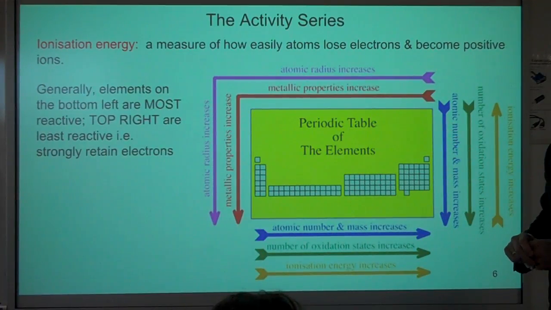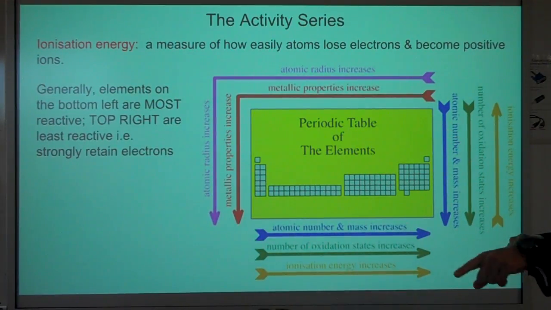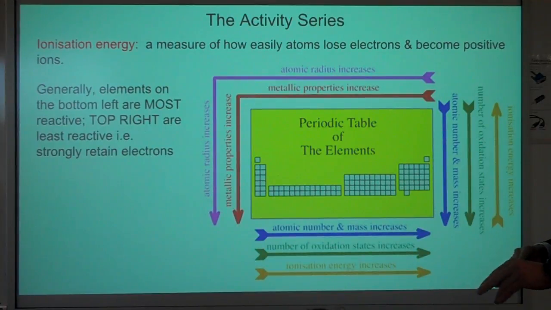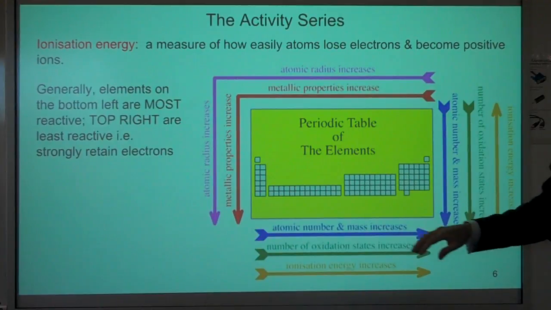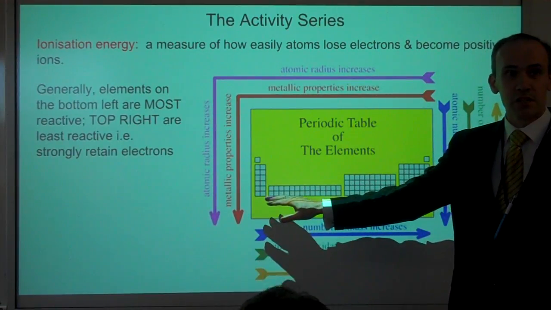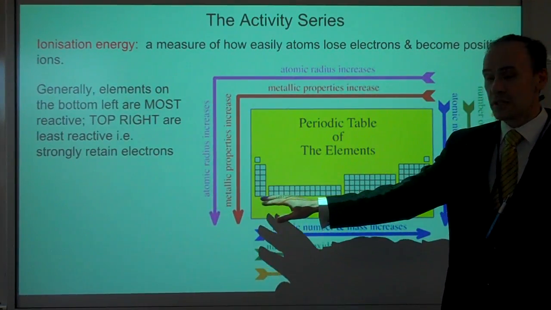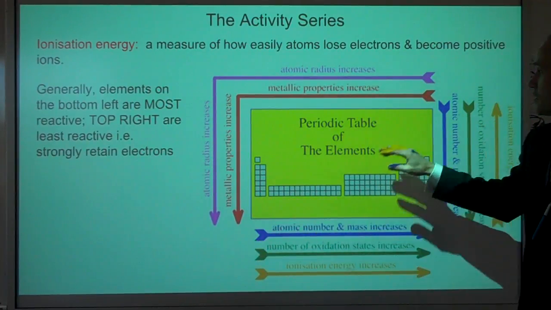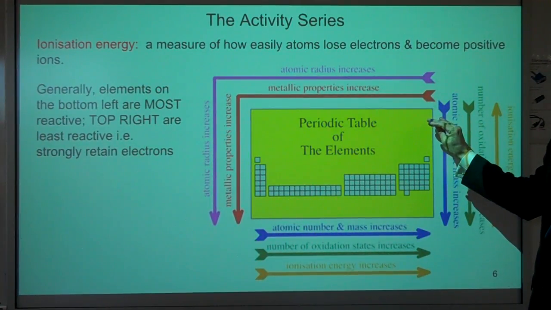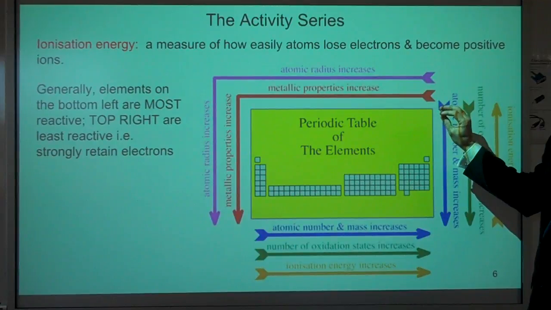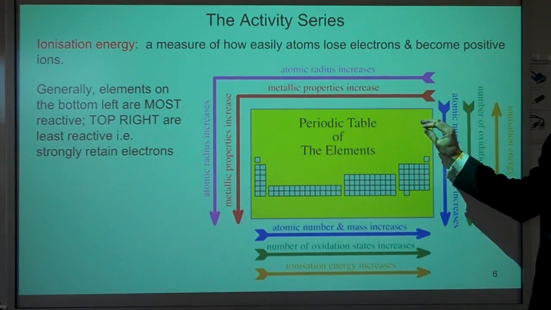Write that down and put a note to yourself that I'm going to put this information on my periodic table. Bottom left is low ionisation energy. Not much energy needed to steal electrons. Top right, high ionisation energy. Lots of energy needed to steal electrons.